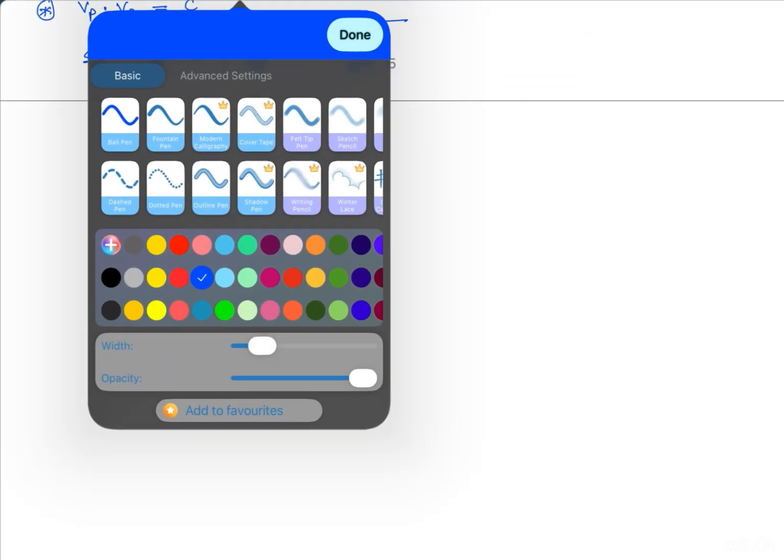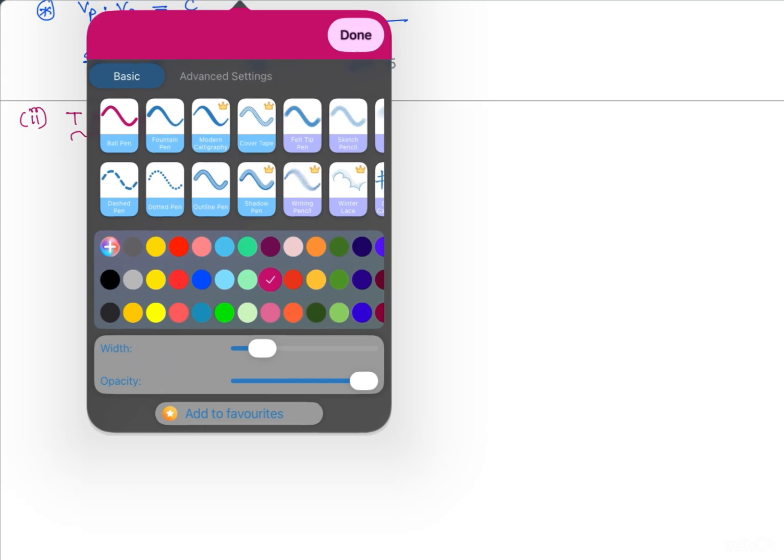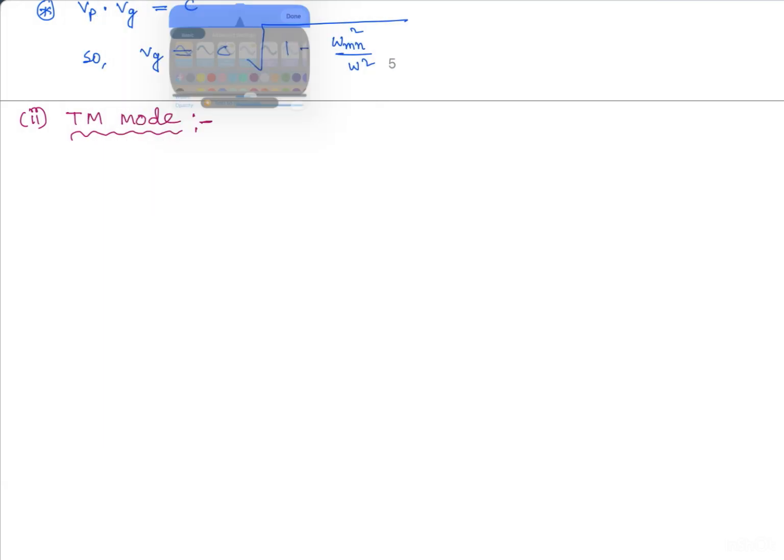Next we see TM mode. In TM mode there will be only Ez component.